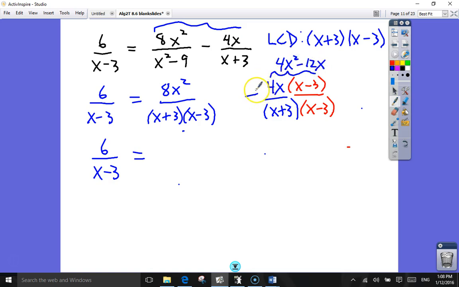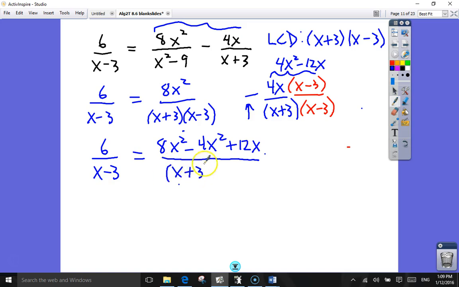But now that is all being subtracted here. So when I put all that together, it's going to be 8x squared minus 4x squared plus 12x, and then that can be simplified. 6 over x minus 3 equals 4x squared plus 12x.